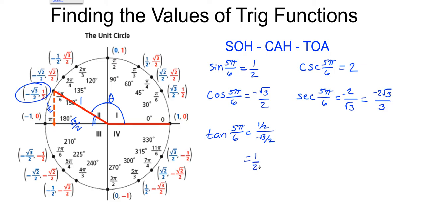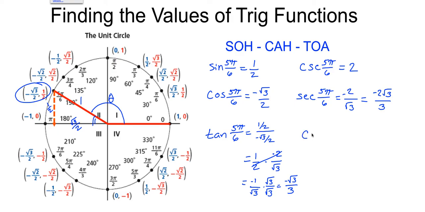So we end up with 1/2 times negative 2 over root 3. And then the 2's will cancel. So I get a negative 1 over root 3, which then needs to be rationalized. So times root 3 over root 3 is going to give us a negative root 3 over 3. So the tangent of 5 pi over 6, again, a little bit more complicated to solve now, comes out to be a negative root 3 over 3.